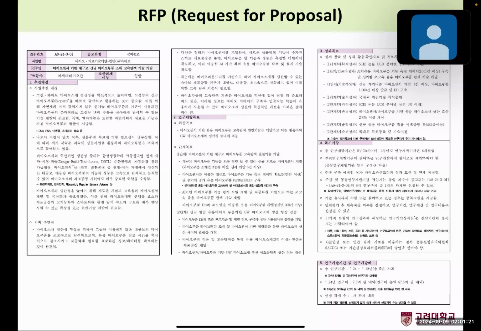So you can see the name of the RFP, the name of the project, the background of the project, and the objective of the project, and what should be achieved in different years or different stages of the project, and what are some of the deliverables or achievements that you need to achieve during the proposal, and then some of the important things that you need to note, and how long is it, how much money is included in these grants, and so on.